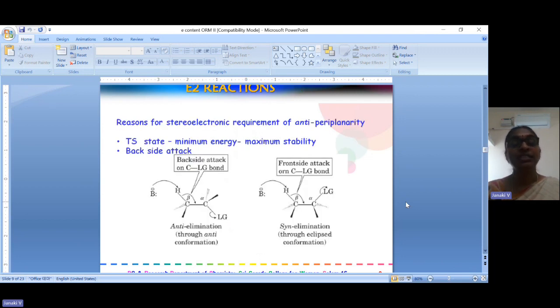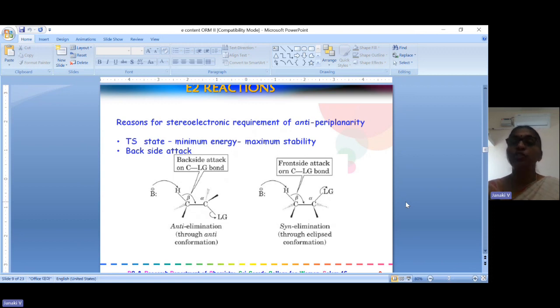So next we will see the reason for the stereoelectronic requirement of anti-periplanarity. Here the sigma orbitals of the departing groups are coplanar, and this leads to the maximum overlap of the developing p orbital. And thus the transition state has minimum energy and maximum stability.